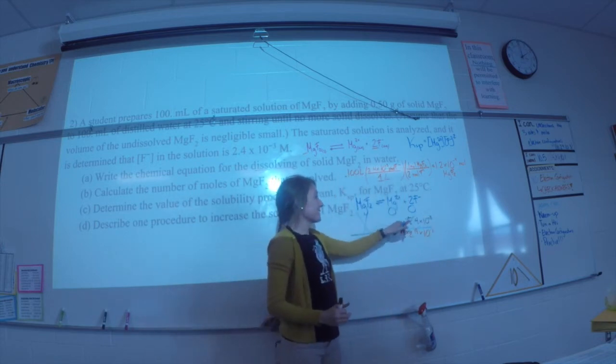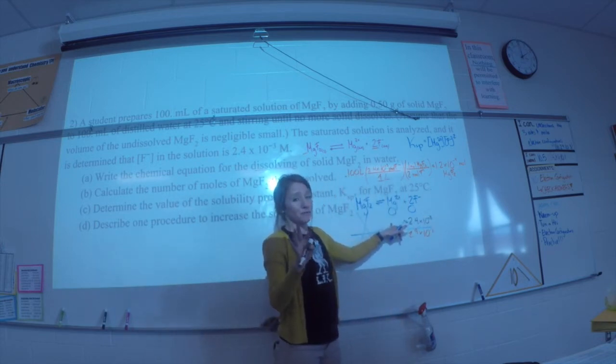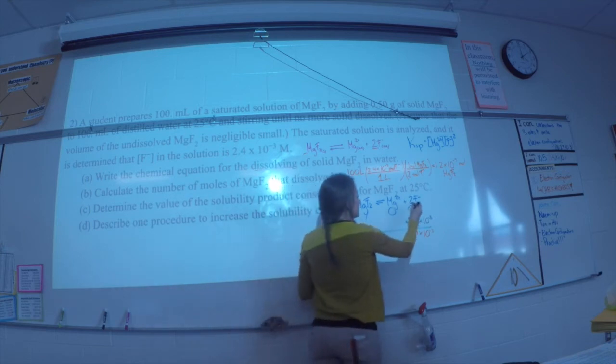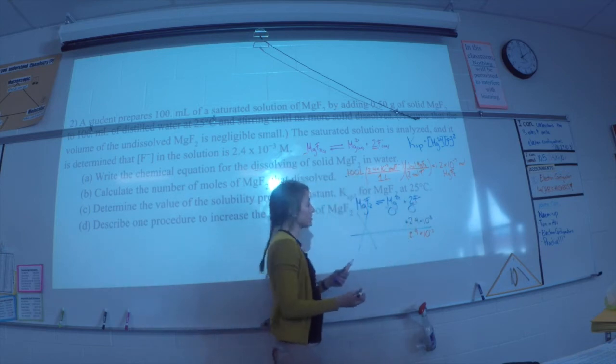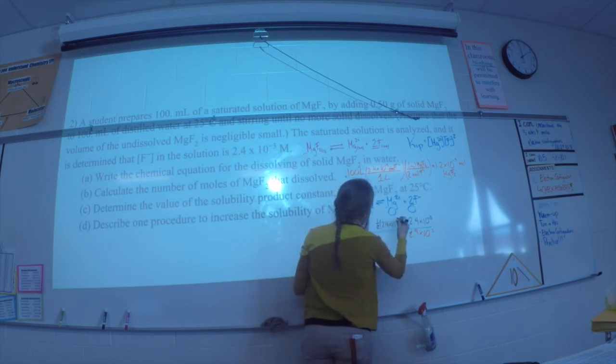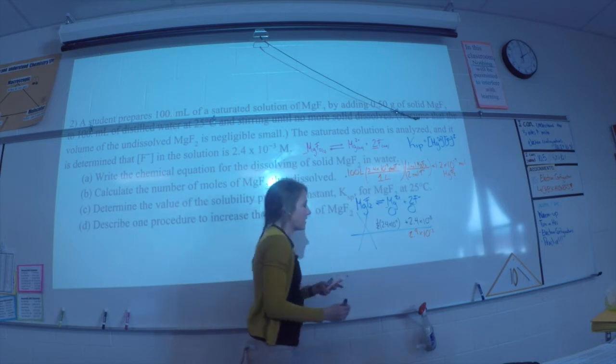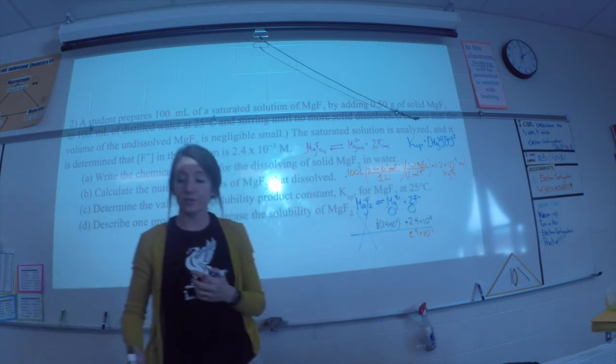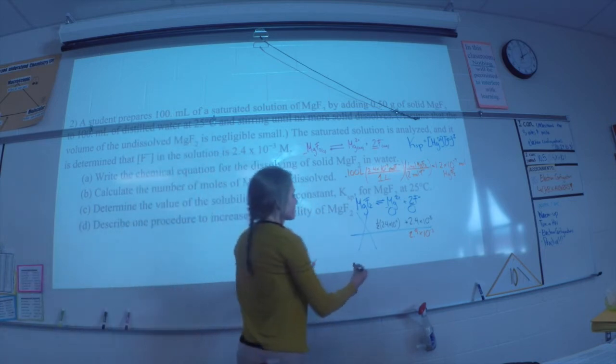So the change of magnesium, and this is where a few people slipped up because it's a 2-to-1 ratio, would be one half of 2.4 times 10 to the negative 3, and so that ends up being 1.2 times 10 to the negative 3.